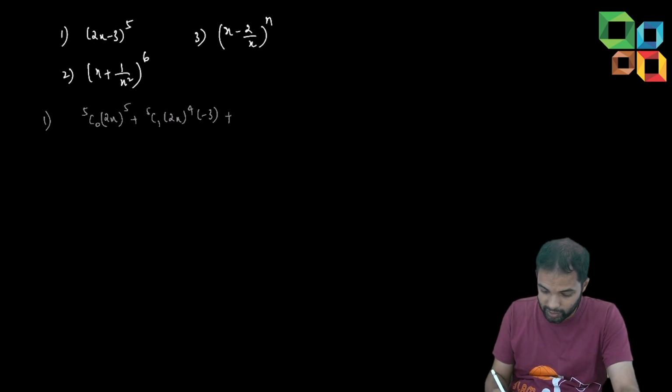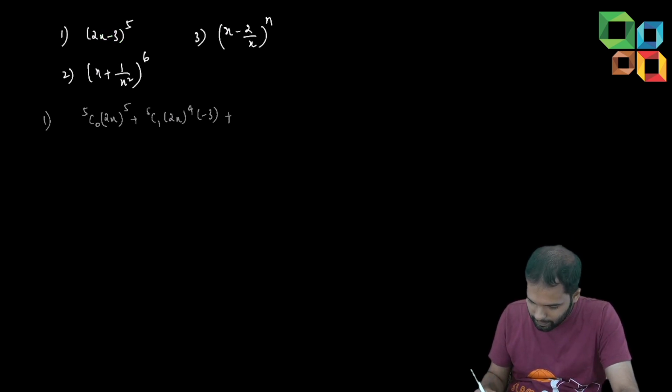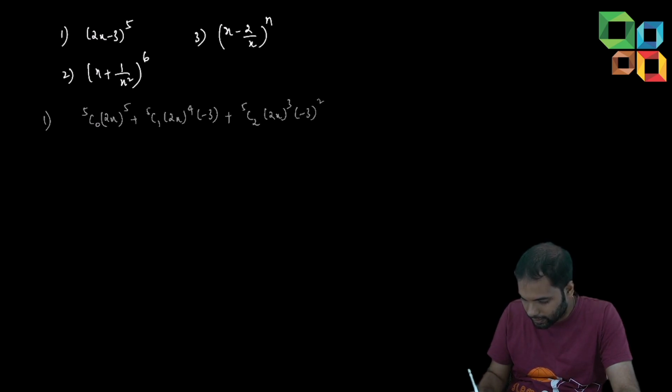So you have to make sure you write minus 3. If it was plus, we would have written plus. Then 5C2 (2x) cube into (minus 3) whole square. Then 5C3, (2x) square and (minus 3) whole cube.